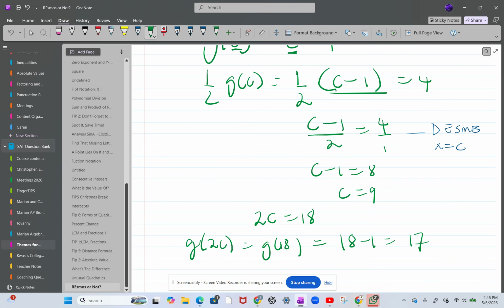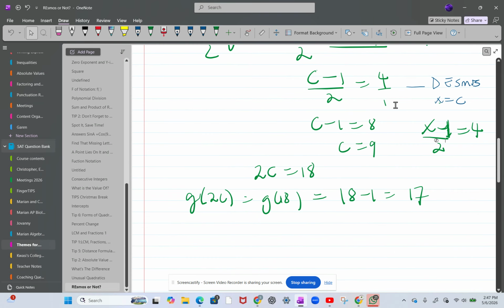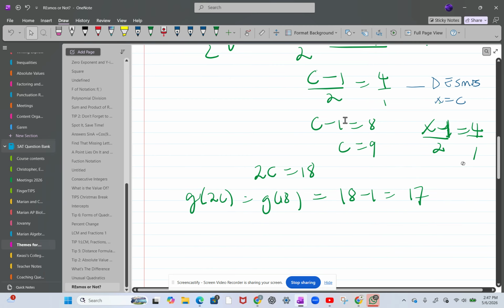Now, if you rewrite this as (c minus 1) over 2 equals 4, at this point you can use Desmos. You can put x instead of c, because Desmos will not evaluate c. So you write (x minus 1) over 2 equals 4. If you're good with basic math, you know that if you make it over 1 and cross multiply, x minus 1 equals 8, and therefore x equals 9.